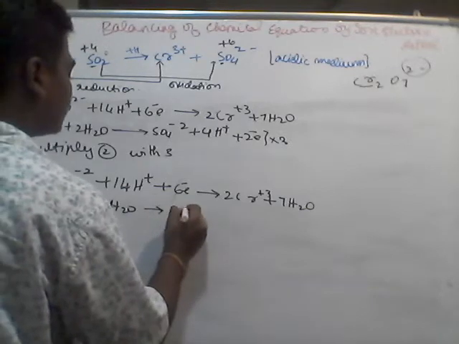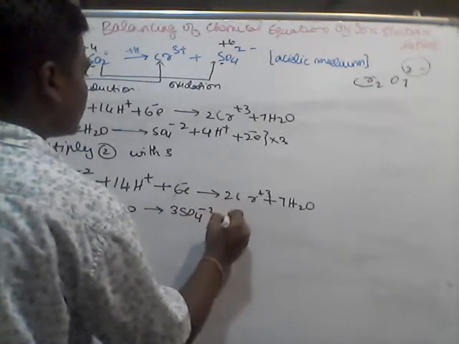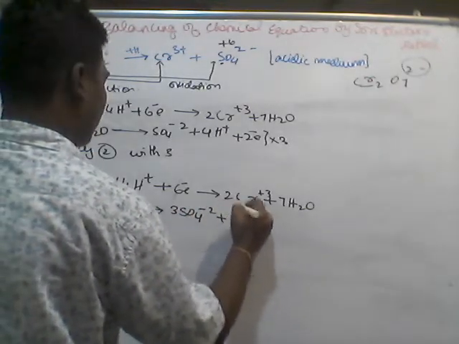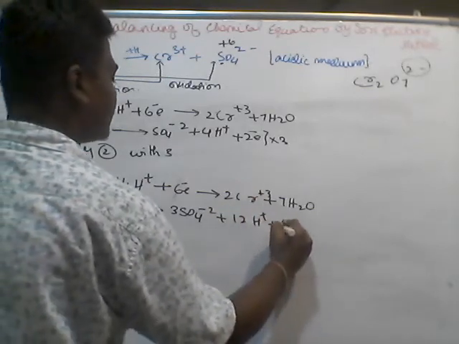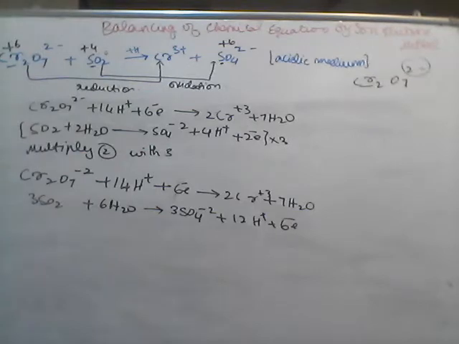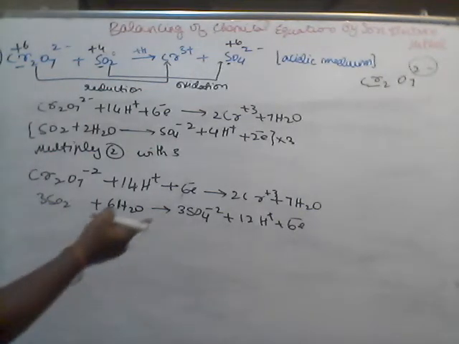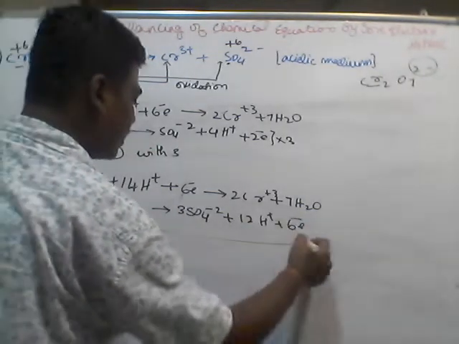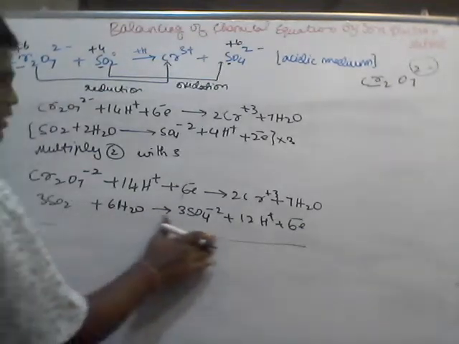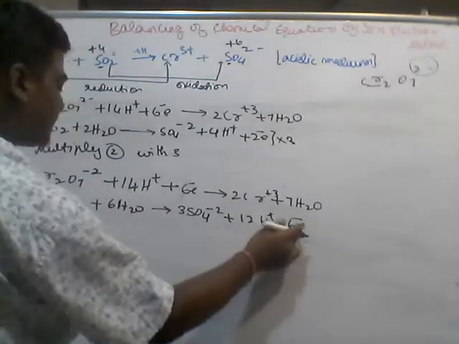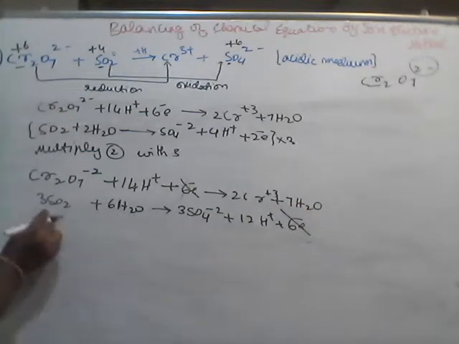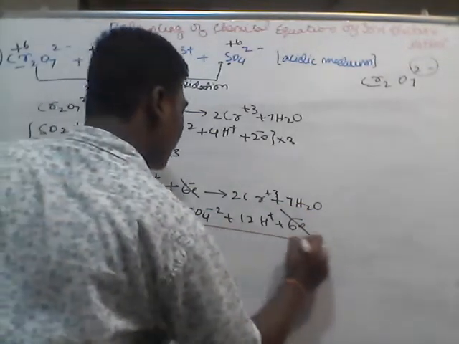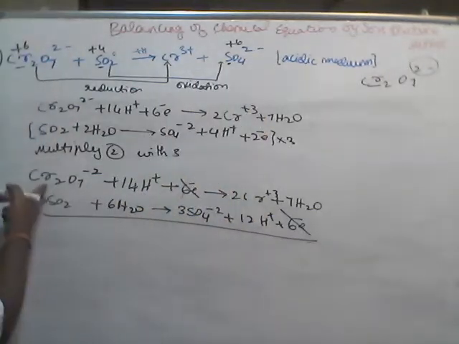Gives rise to 3SO4 minus 2 plus 4 3s are 12 H plus ions plus 3 2s are 6 electrons. Now see here, 6 electrons here get cancelled. Electrons are cancelled.